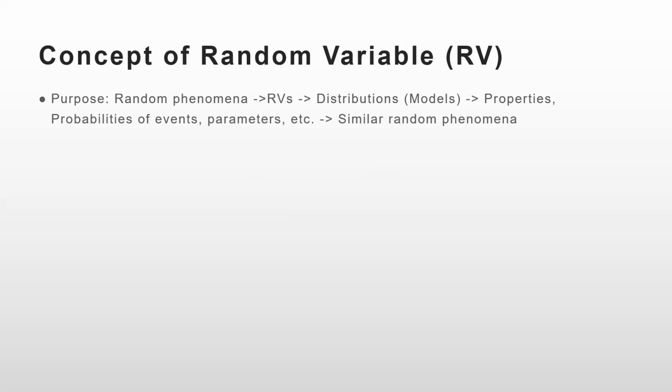The models will be discussed in another class, but for this class, we're mainly focused on introducing the concept of random variable and the concept of distribution and some important parameters.